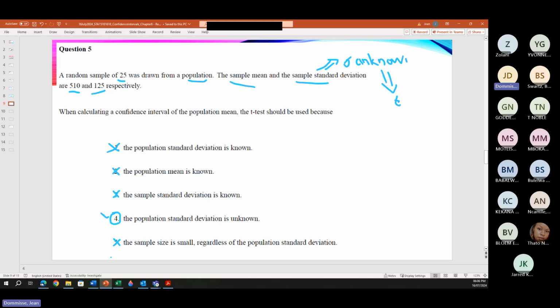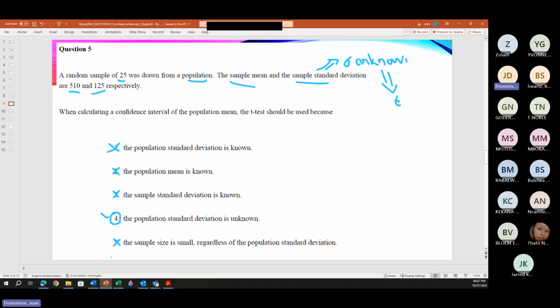Yes, in your textbook, it says that for small sample sizes, we will use the t, but it is more to do with the population standard deviation than with the sample size.